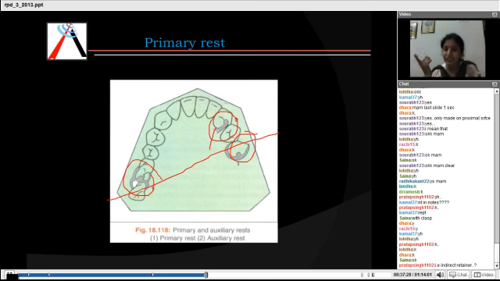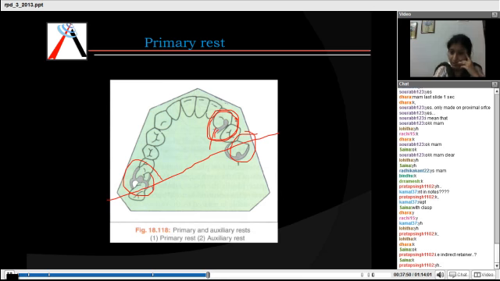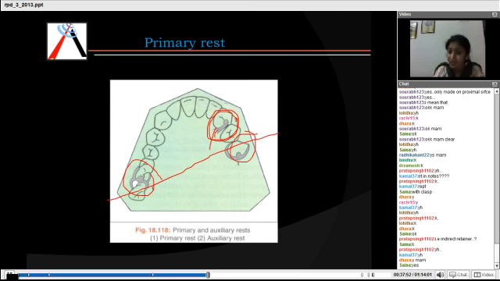When we talk about indirect retention, we'll talk about this principle. Now just pay attention to what is a primary rest and an auxiliary rest. And I'd just like to tell you that the auxiliary rest was connected by a minor connector to the major connector. Remember when we classified minor connectors? Yeah, so this is that auxiliary rest.